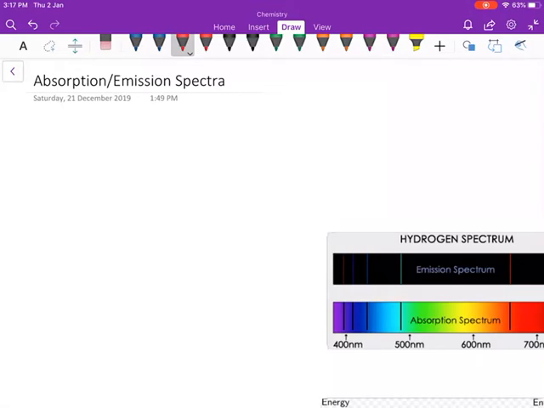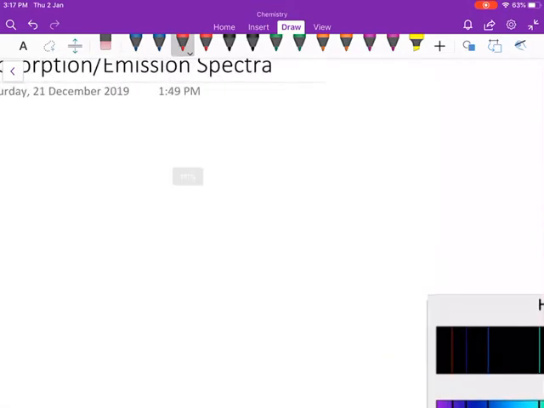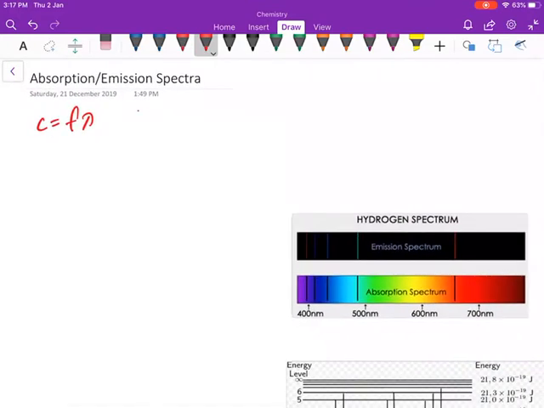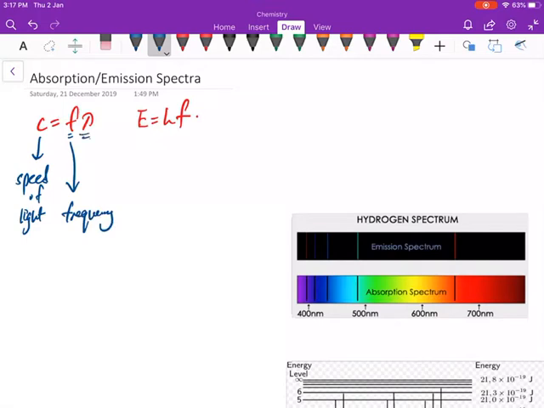The first thing I would like you to know is the two equations that we always use: c equals f lambda and E equals hf. The c is the speed of light. The f is the frequency, and the lambda is the wavelength.